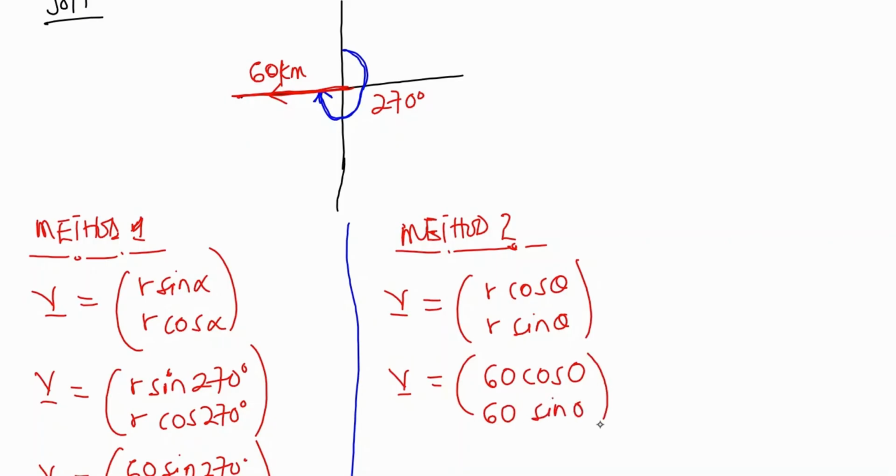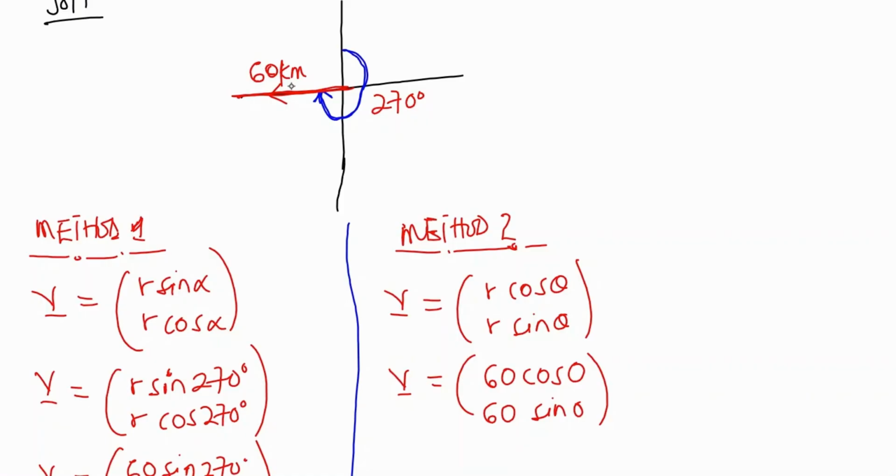And you have to consider the quadrant in which this vector lies. And this vector happens to fall in the second quadrant. In the second quadrant, we can see that sine is positive and cos is negative.